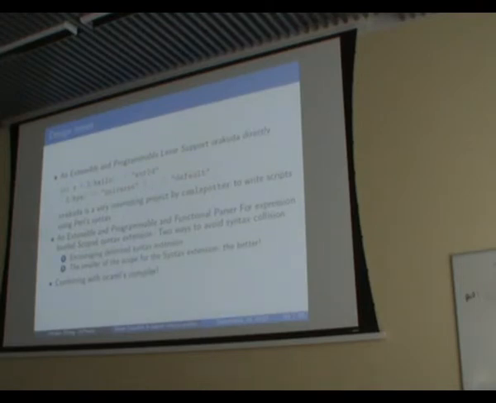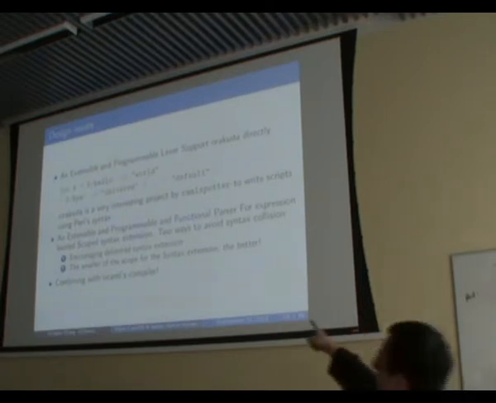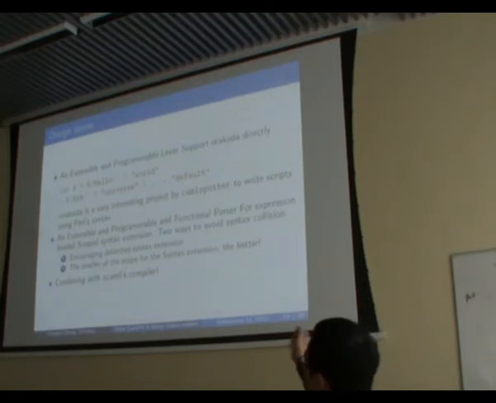Currently in Camlp4, the lexer is hard coded. You cannot extend your lexer, and this is very annoying. Actually it's done in my branch of Camlp4: you can extend your lexer, because sometimes you want to customize the lexer.